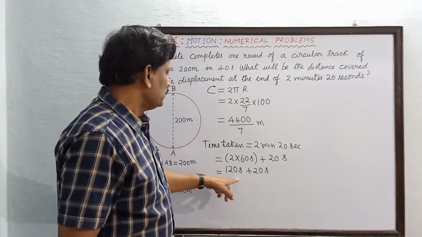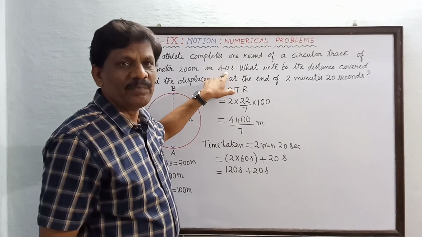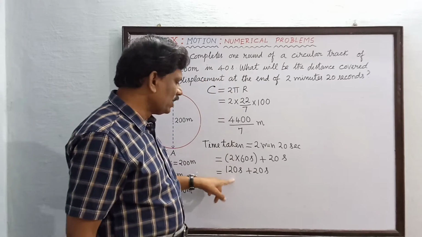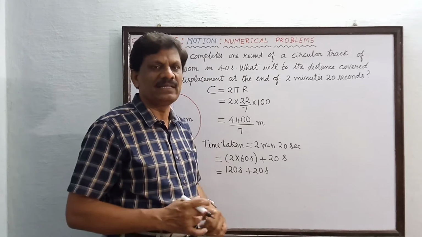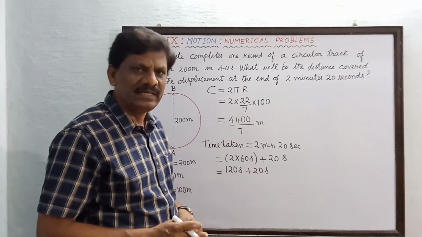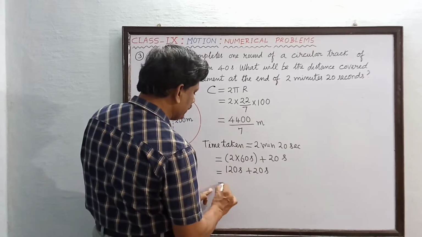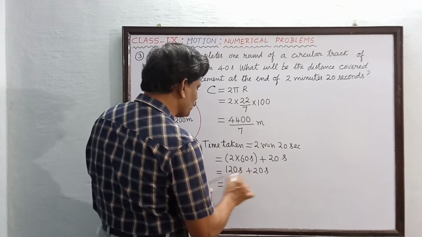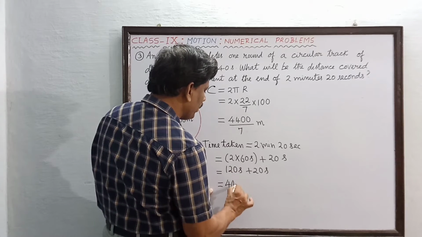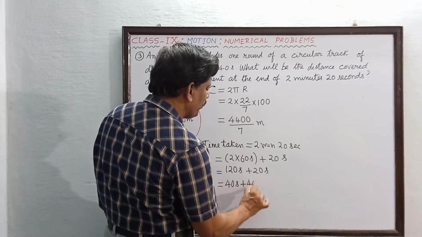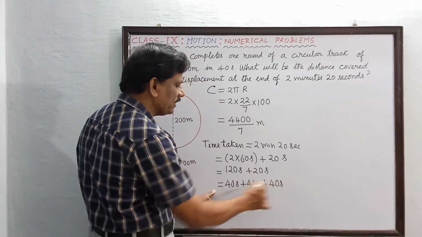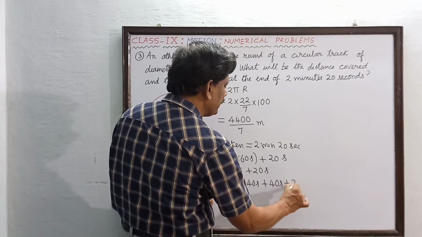Now, the time taken to complete one circle is 40, is it not? Therefore, in 120, how many 40s are there? Yes, it is 3. I am writing this for my convenience: 120 is written as 40 second plus 40 second plus 40 second, plus an additional 20 second.